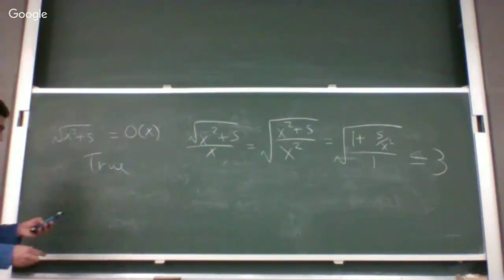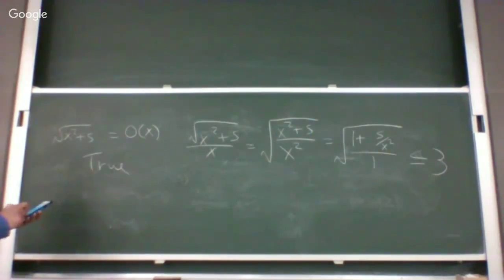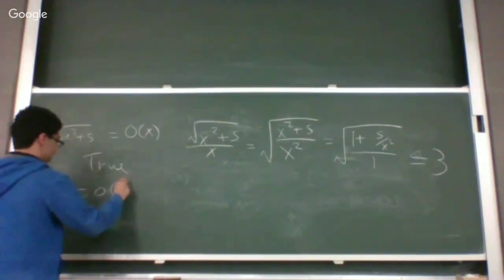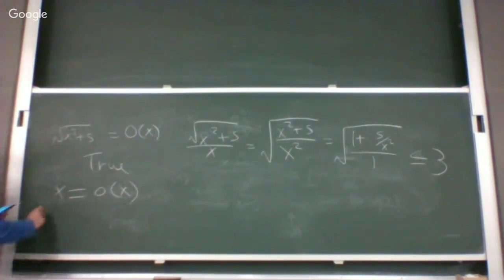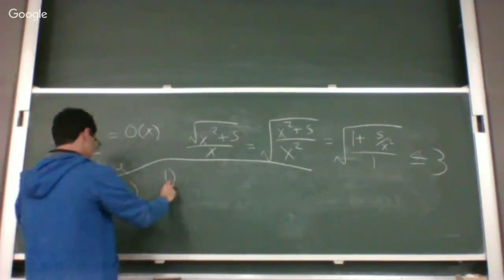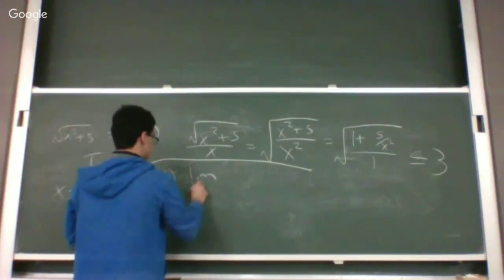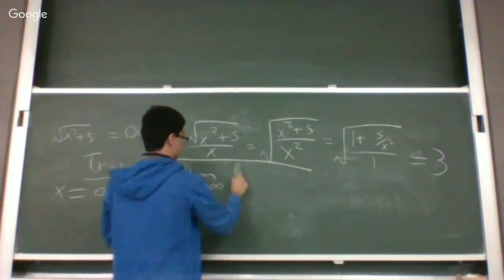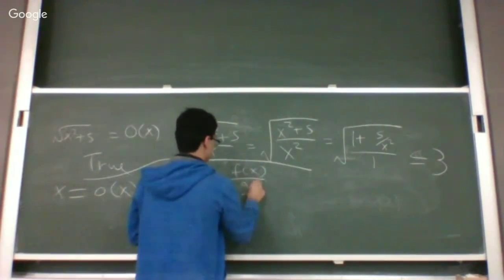So the steps that I will say will get you the most points: if we have a little o of x, the first step will be to do the limit as x approaches infinity of f of x over g of x.